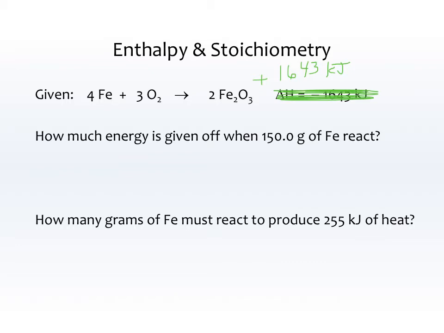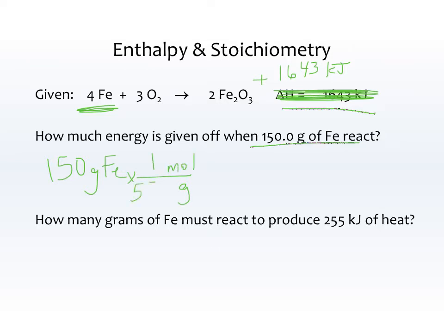So let's do some stoichiometry with this. I'm going to start with 150 grams of iron. And I know from the balanced reaction that 4 moles of iron will give off 1643 kilojoules. So we're actually going to convert that grams to moles using the periodic table. Moles always gets 1. Grams always gets the periodic table. For iron, it's 55.8.